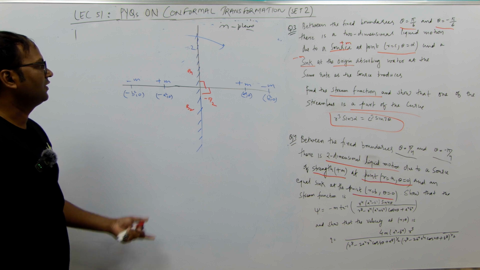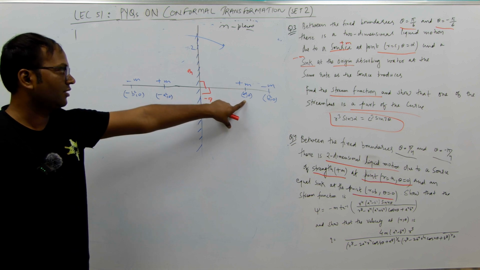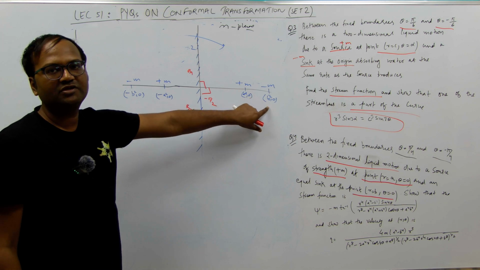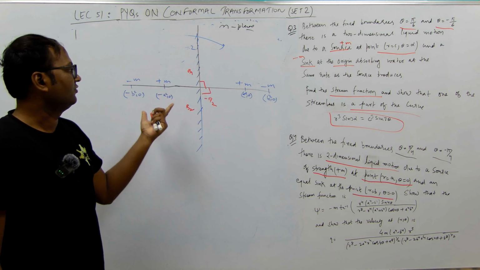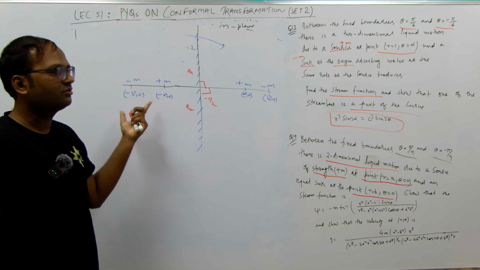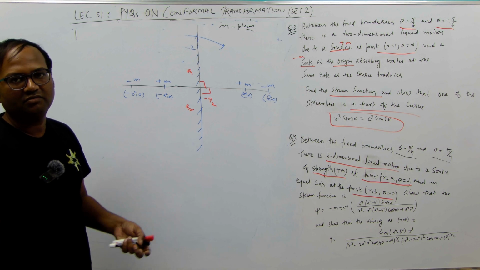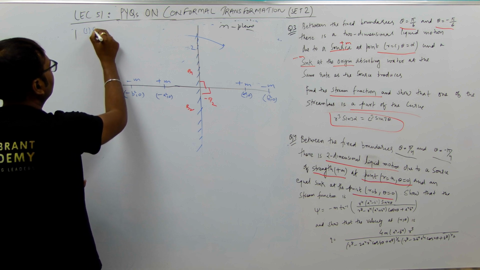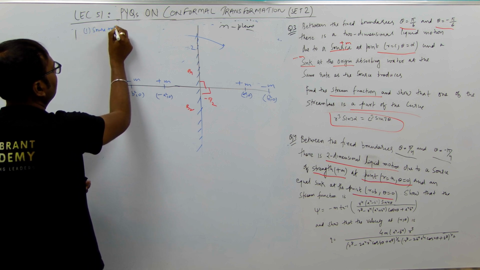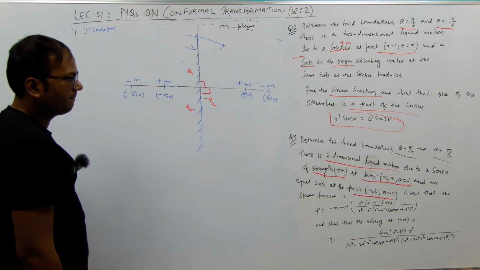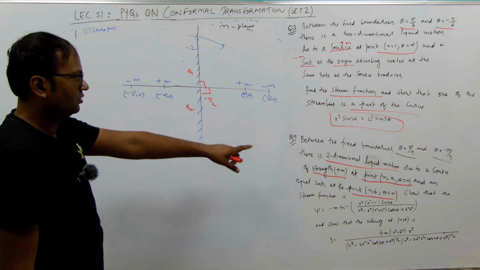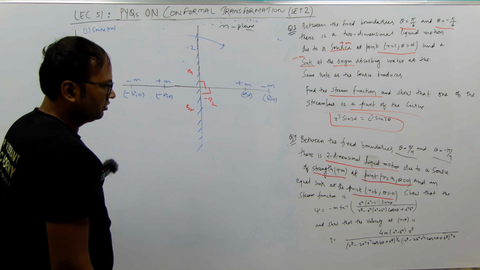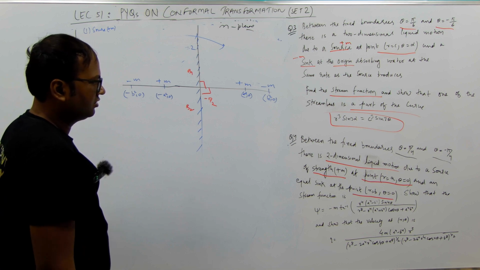So the equivalent image system consists of a source at a squared comma 0, a sink at b squared comma 0, a source at minus a squared comma 0 and a sink at minus b squared comma 0. There is no source or sink at the origin.